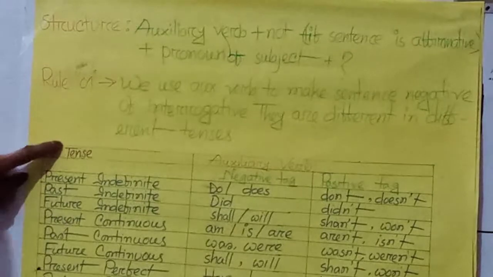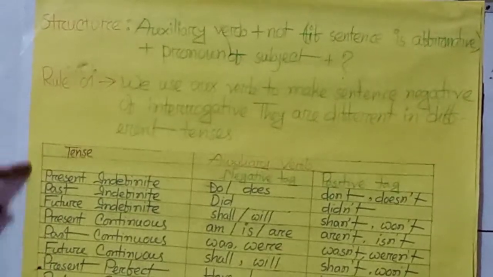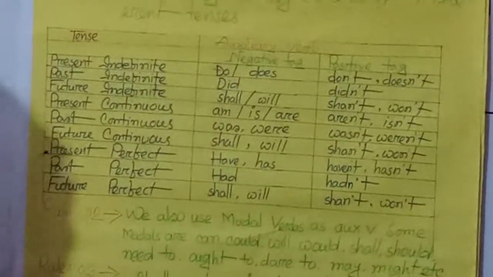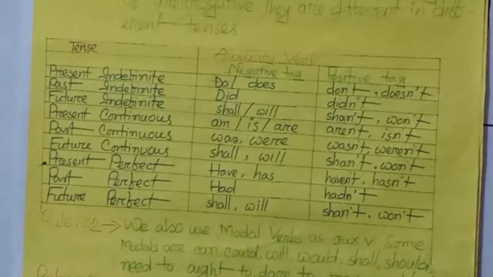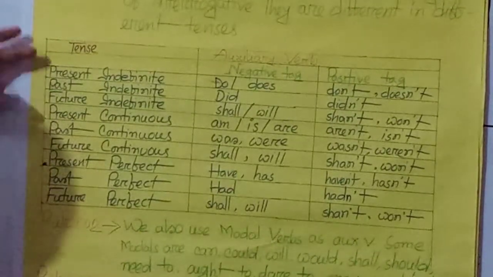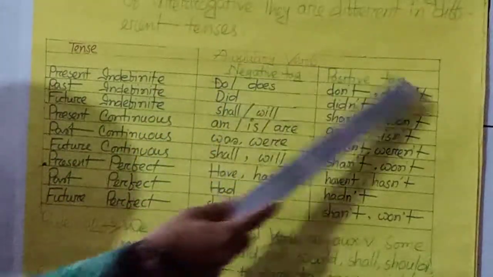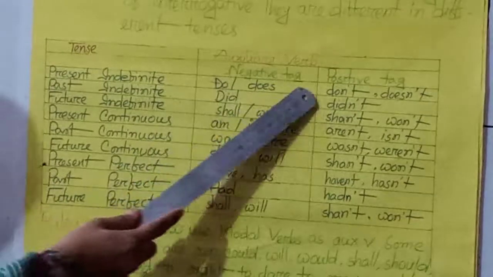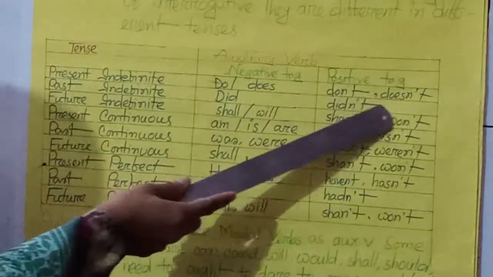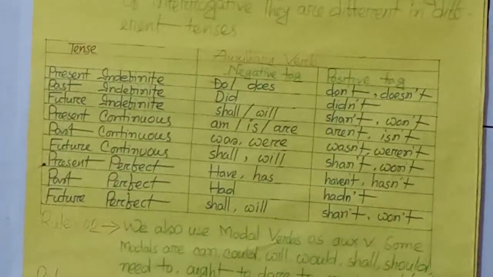Notice, my dear students, there are 12 tenses, but we use tags only for 9 tenses. Here are the auxiliary verbs for negative tags, and the auxiliary verbs for positive tags.